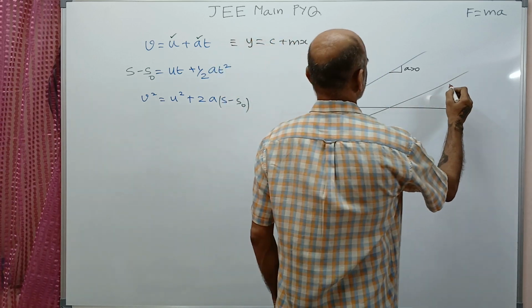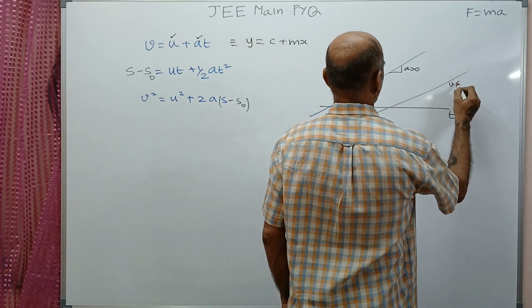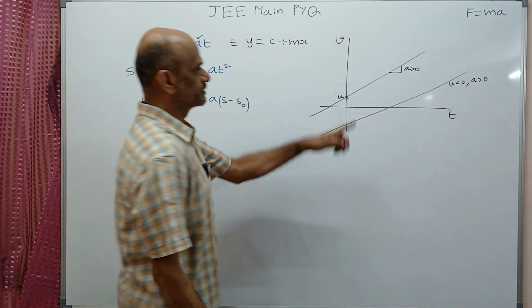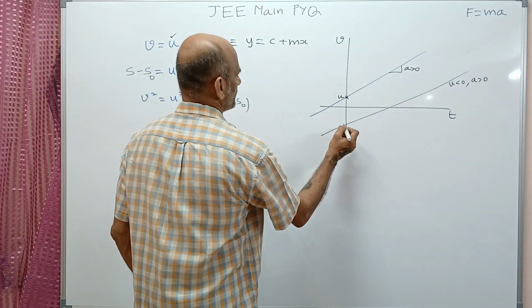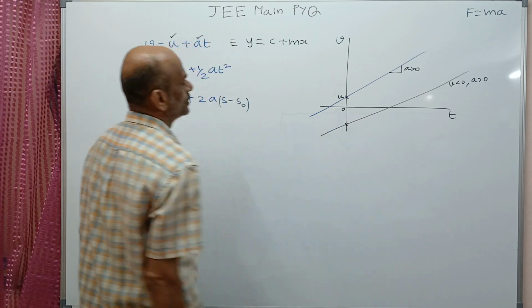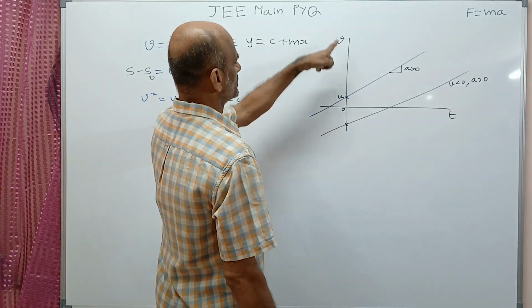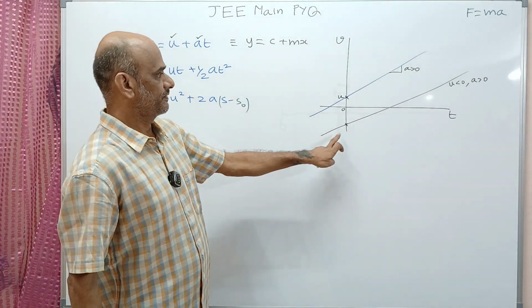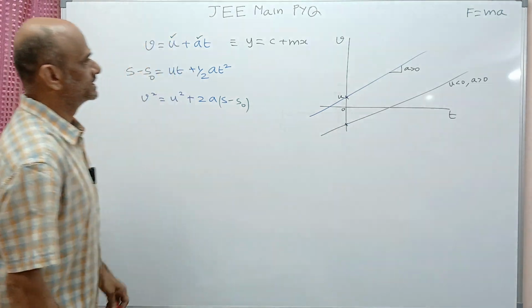This graph corresponds to u less than 0 and a greater than 0, because the slope is positive but the initial velocity is negative. This is the origin, u equal to 0, v equal to 0. Above is positive, below is negative. So for the motion represented by this graph, the initial velocity is negative.